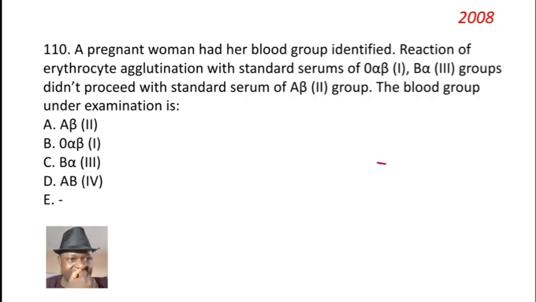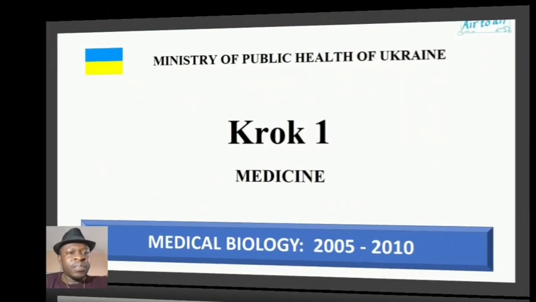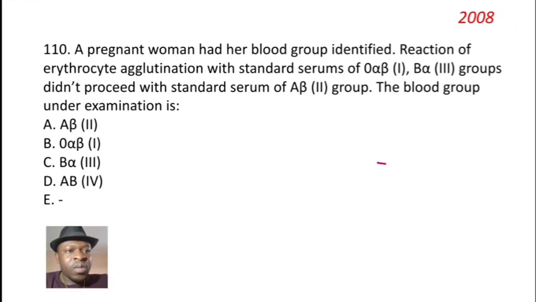All right, let me read again. Reaction of erythrocyte agglutination with standard serum of blood group 1 and of blood group 3, but there is no agglutination with blood group 2.